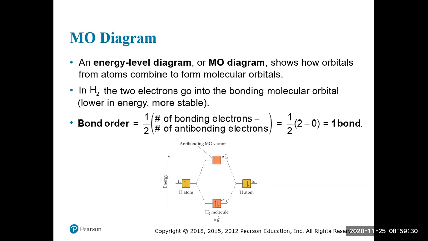The way this is typically drawn is, as you see in the figure on the bottom, on the left-hand side, we have a representation for one of the hydrogen atoms, and a representation on the right-hand side for the other. On the left we have one electron, because we know a hydrogen atom has one electron.